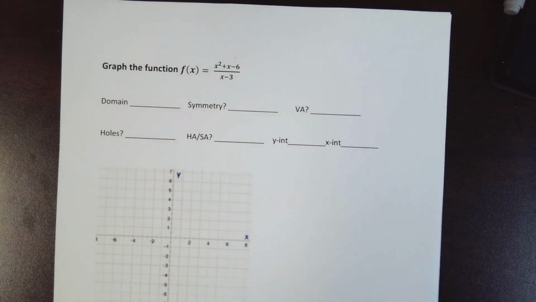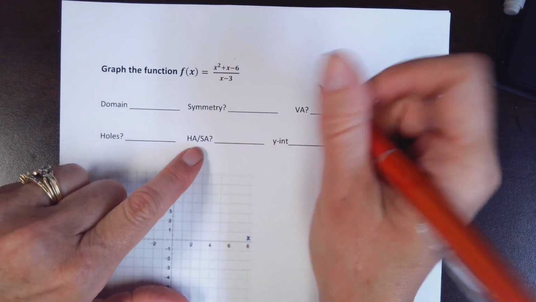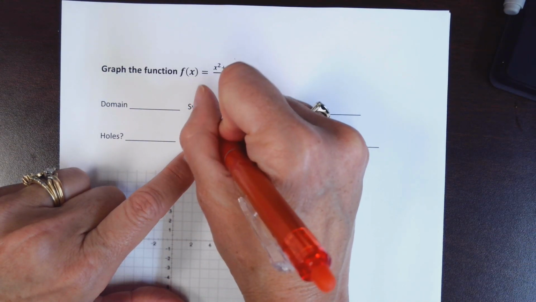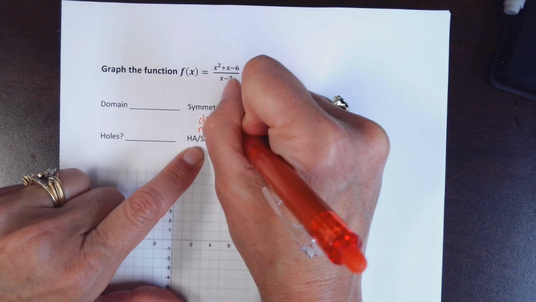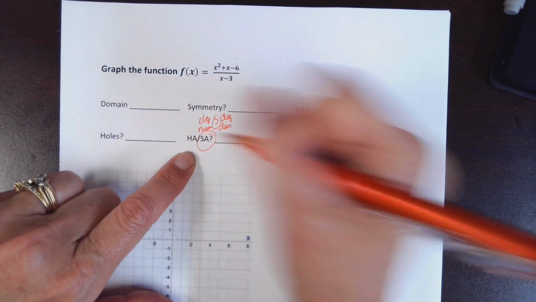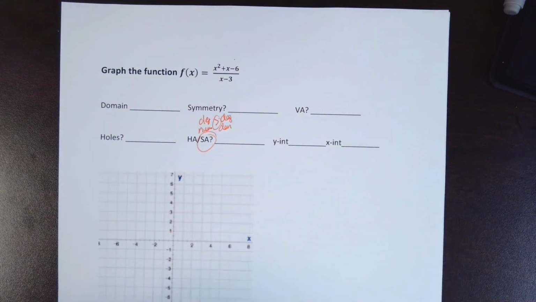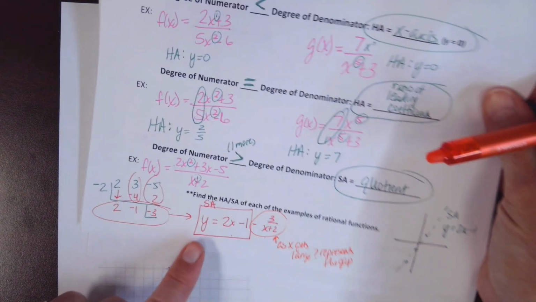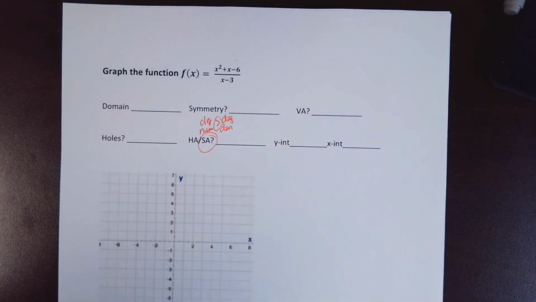So I know immediately that I have a slant asymptote. And to figure that out, I have to do either long or synthetic division.